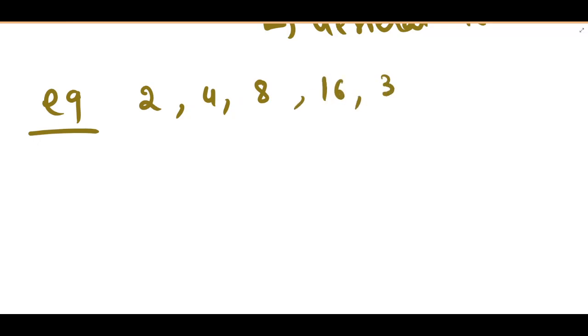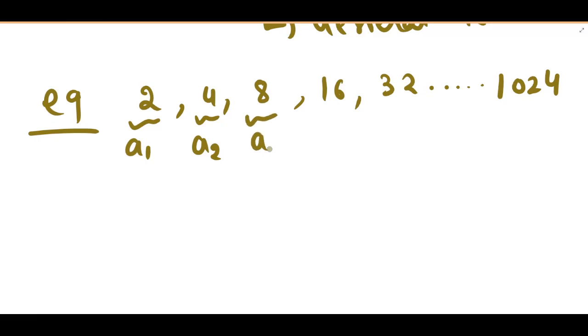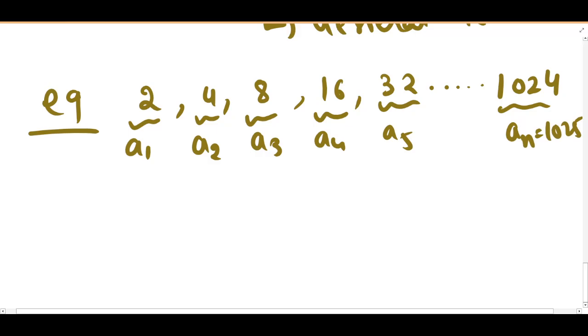For example, we have a progression 2, 4, 8, 16, 32, and so on up to 1024. So here 2 is the first term, 4 is the second term, 8 is the third term, 16 is the fourth term, 32 is the fifth term, and the last term, the nth term, is 1024.